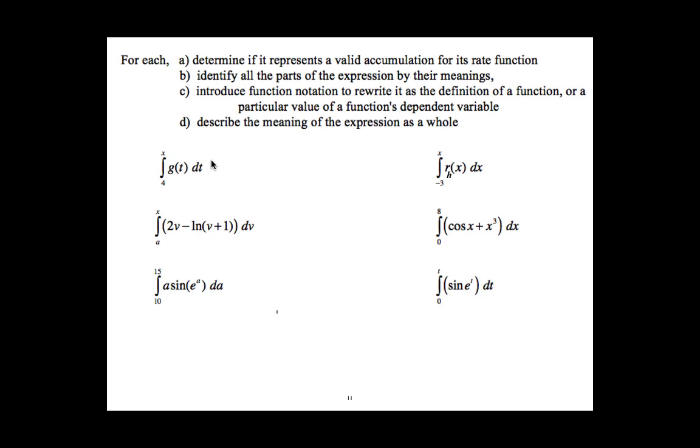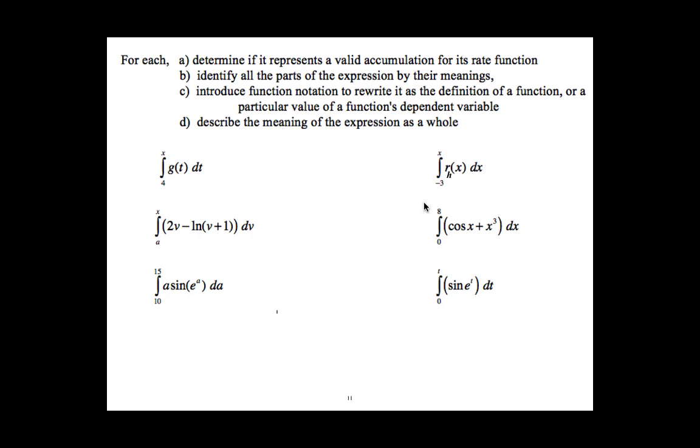You can imagine substituting in all the values, infinitely many of them, from 4 to any value of x in place of this t, and then letting t vary by a little bit before you pick the next one, and then adding up all of those mdx's. That's what this does. And since it ends at a variable point x, this is a function. It's not a specific numerical value.